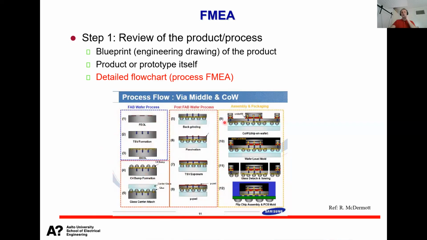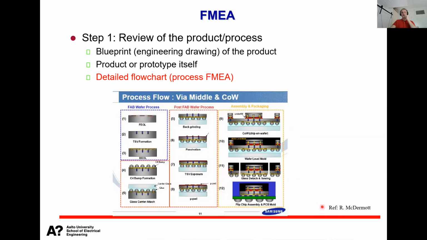And then you continue assembling the whole product. And now if we think that something goes wrong here, let's say contamination in the front end of line process, then you may not see it after here. If you have some testing, you may not see it even after here. You may not see it after here.